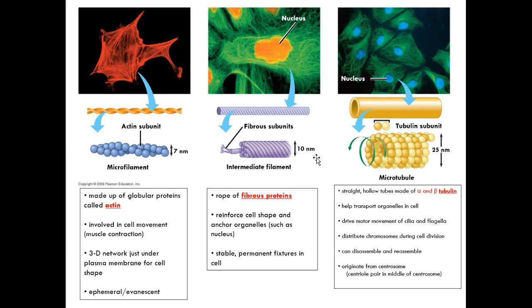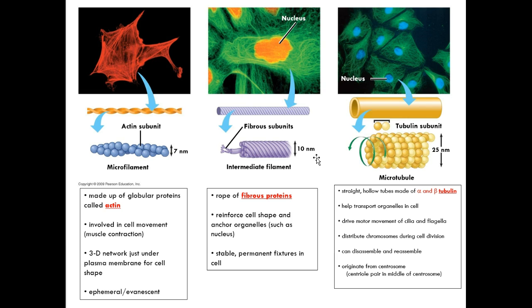They're different things that are on the outside of some cells, and they allow them to go from point A to point B. So they're going to have to be a lot stronger filaments, because if you've seen a sperm cell, you've seen that big whip in the back. That's the flagella. And it's got to be a hardy, strong fiber to be able to spin and get that cell from point A to point B.